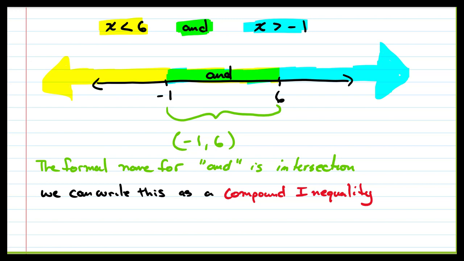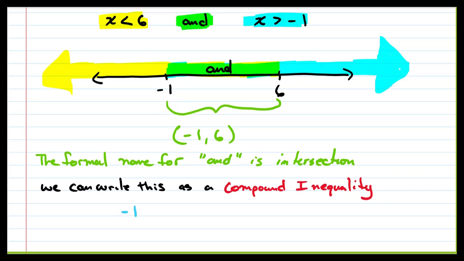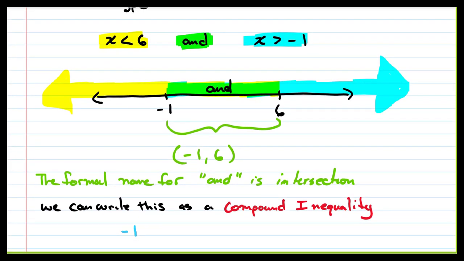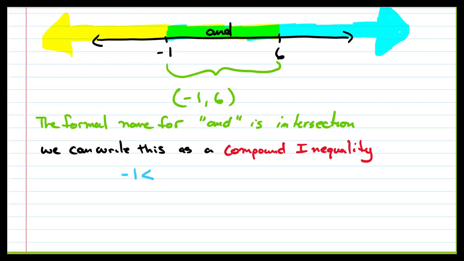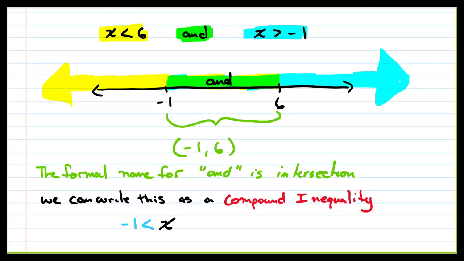So what I mean by that is if I start with my part in blue, I have -1, and we notice that the inequality symbol opens away from -1. -1 is less than x. And then if I look at my yellow inequality, I have x is less than 6.